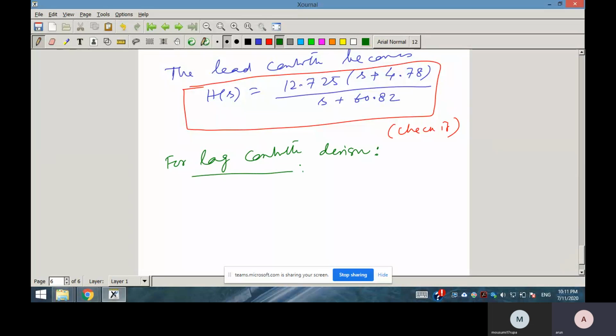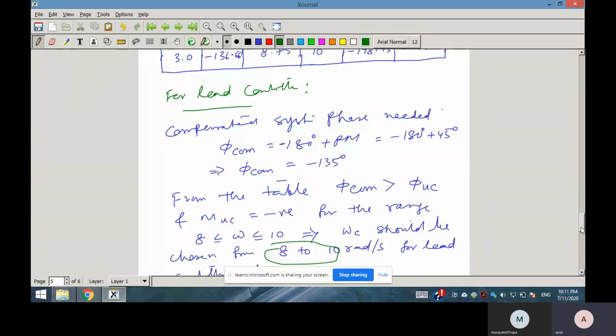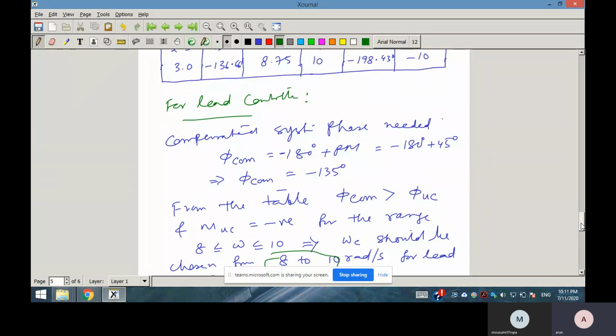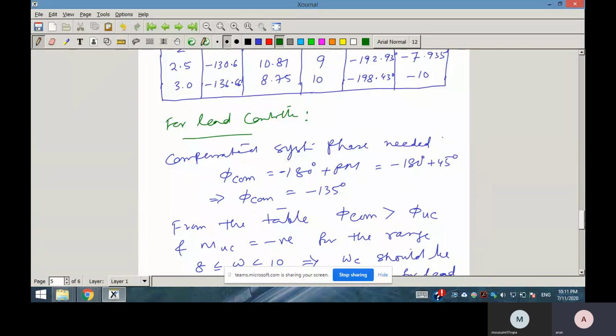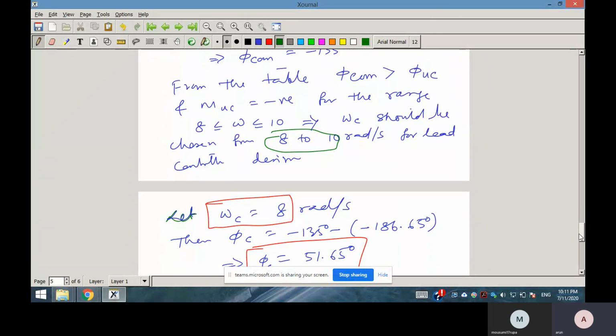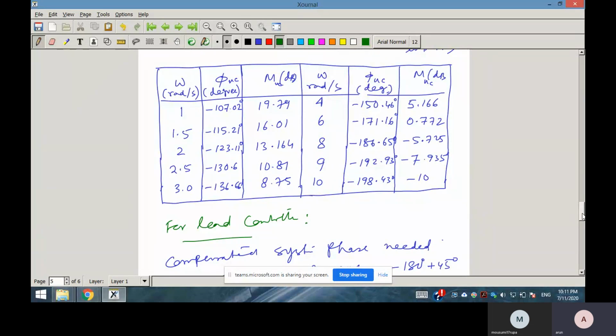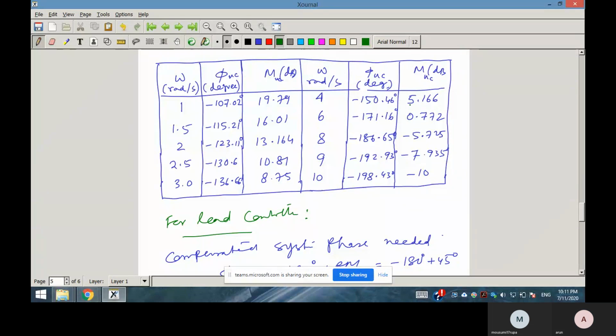So for lag controller design, what do you have to do? Which range will you follow? The same compensation phi com will be the same. Now you have to see where phi com is less. For lag controller design, you have to see where MUC is positive. MUC is positive up to 6 radian per second.